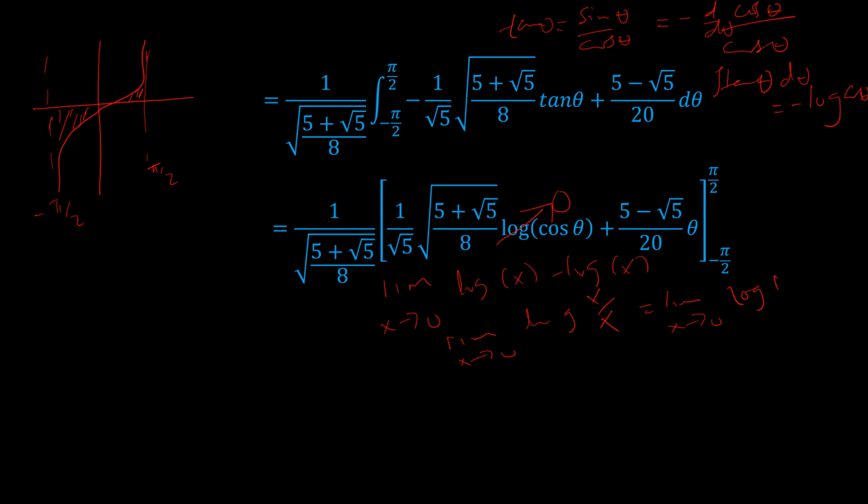And then since we have theta here, this becomes this constant 1 over square root of 5 plus root 5 over 8 times 5 minus square root of 5 over 20, in brackets, positive pi over 2 minus negative pi over 2, which becomes pi, as we see here.